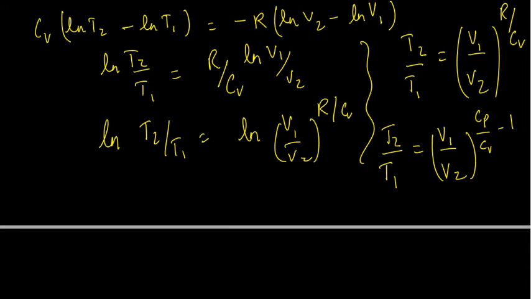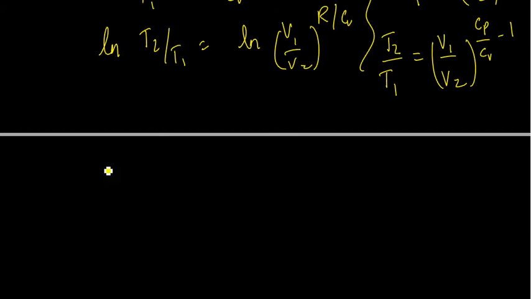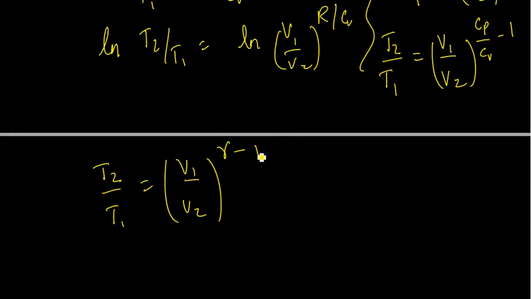This ratio Cp by Cv is also known as gamma. So T2 by T1 is equal to V1 by V2 to the power gamma minus 1. One thing to be remembered is that if you take monatomic gases, then Cv is 3 by 2 R. How do we get that?